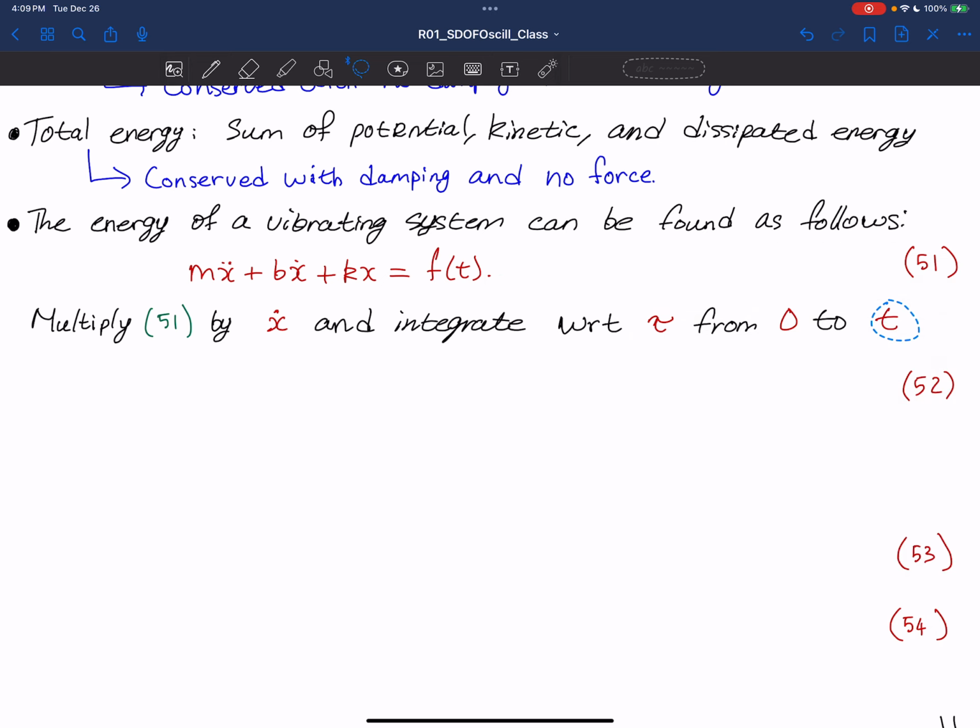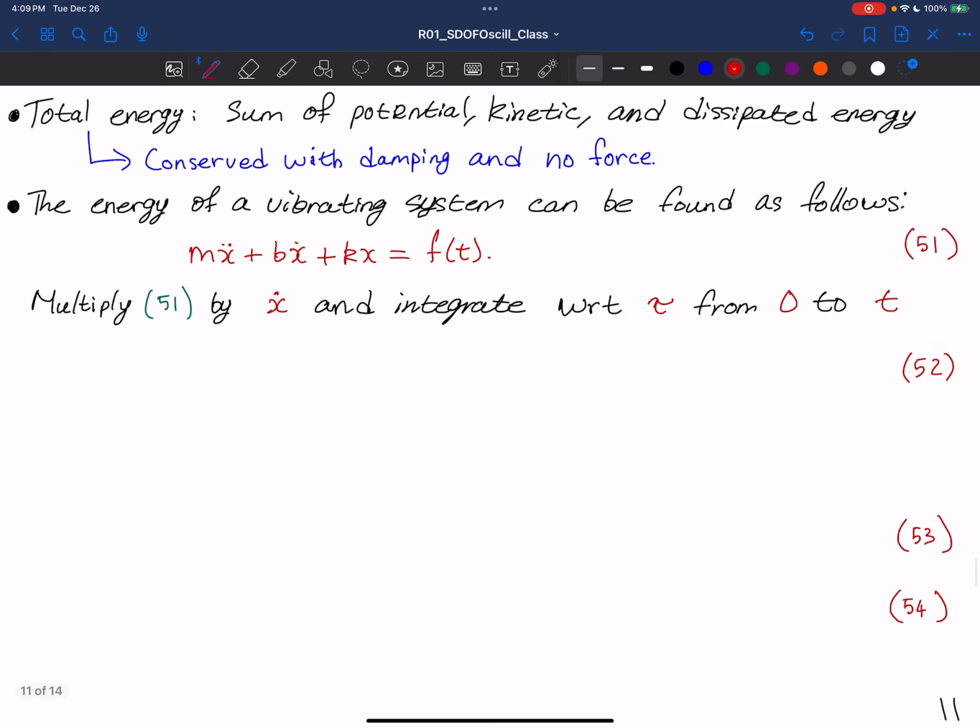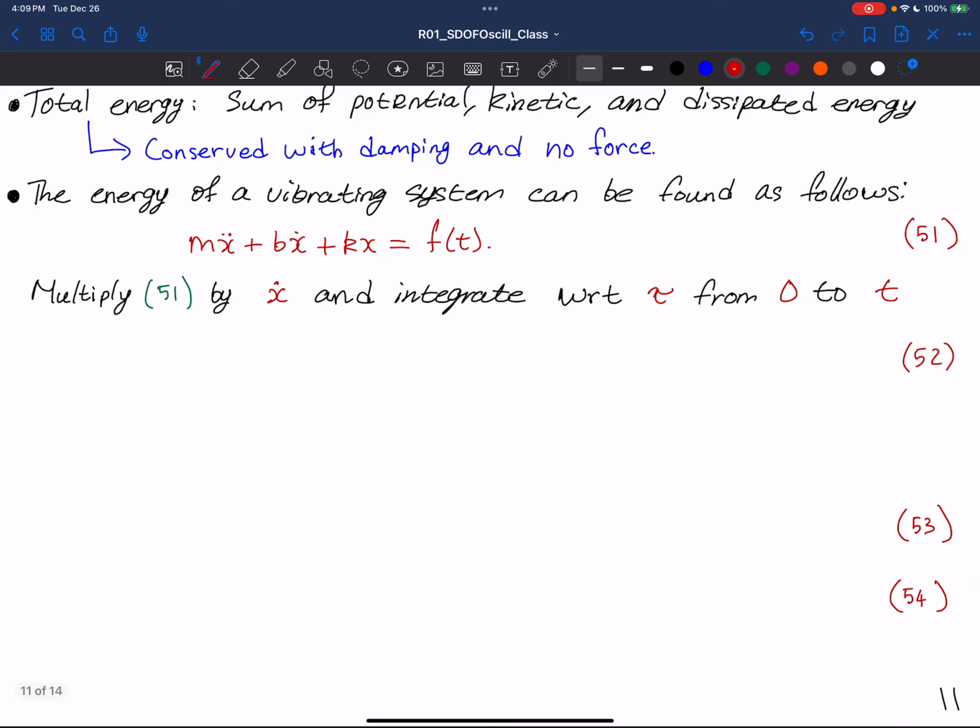All right, so to do that, let's just simply do that. So we're going to have the integral from 0 to t of the quantity m x double dot x dot plus k x x dot, all of that, times d tau.